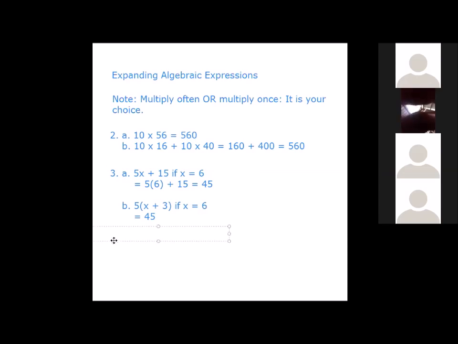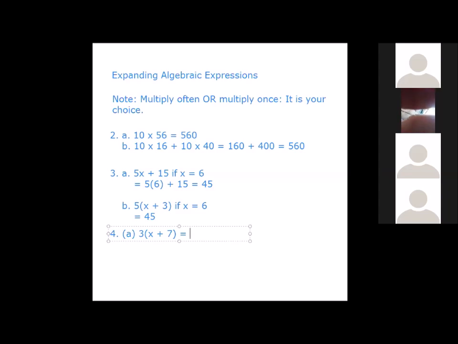Let's have another example for more understanding. Example 4, I'll name it example A. 3 parenthesis x plus 7. Now let us expand the 3 multiplied to x plus 7. First, we multiply 3 to x, and then multiply 3 to 7.